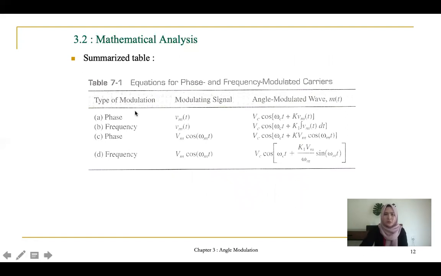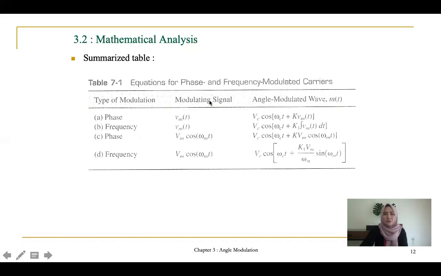So you look at here, for phase modulation, if the modulating signal is Vm(t), this is the angle modulated wave, Vc cos omega ct plus K Vm(t). For frequency modulation, if the modulating signal is Vm(t), it is Vc cos omega ct plus K1 integration of Vm(t) dt.